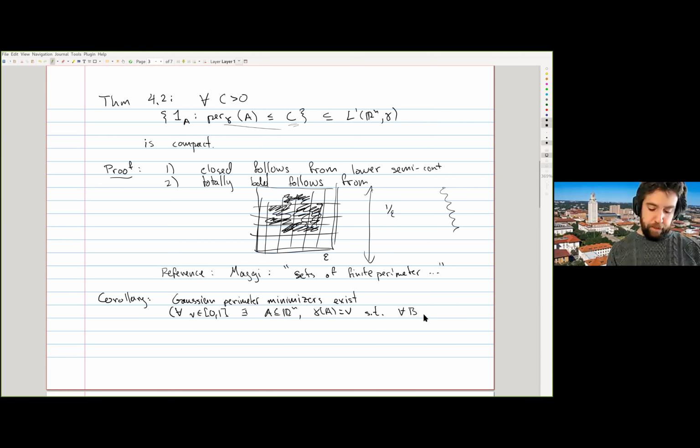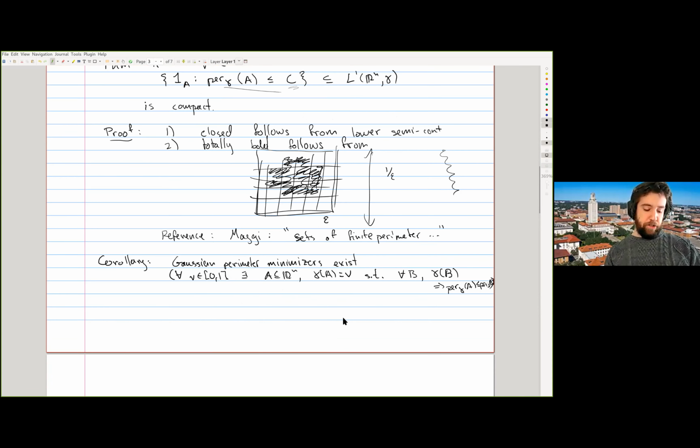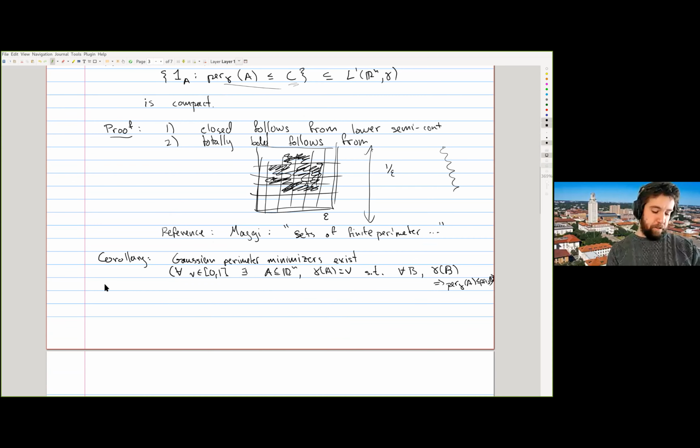So for all B with measure V, they have bigger perimeter. Sorry, you can't read that, but hopefully you know what it says anyway. There are sets which have minimal Gaussian perimeter with respect to any Gaussian measure. Okay, and the proof is, even without knowing that minimizers exist, you let A_n, all having measure V, be a minimizing sequence.